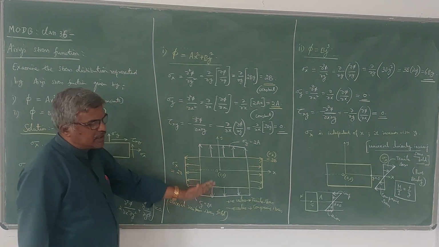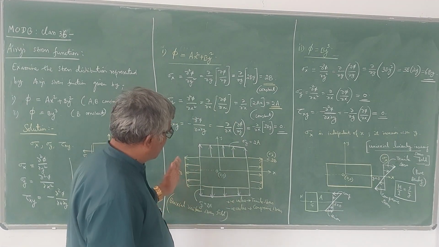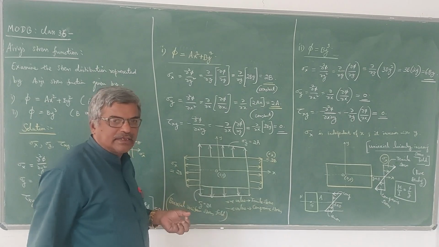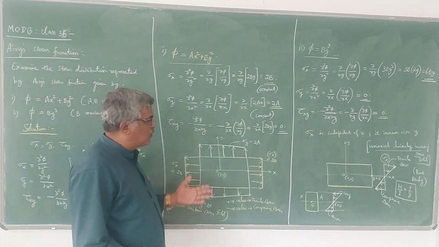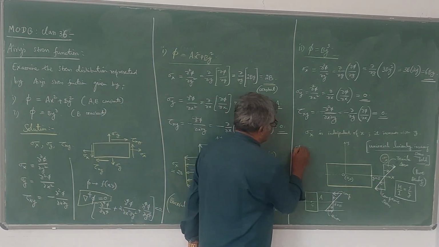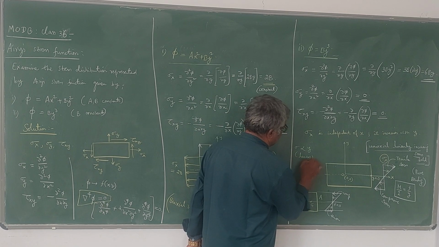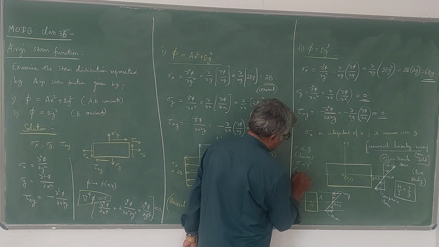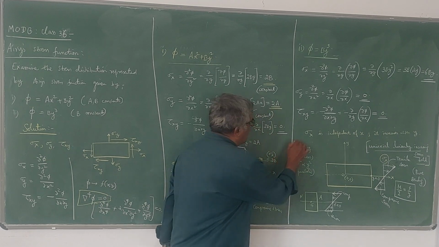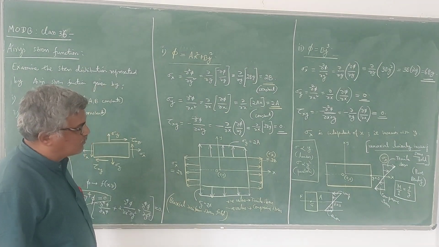Then you can plot the stress distribution by getting the partial derivatives and giving suitable values for x and y. If the stress component is directly proportional to y, then there will be a linear variation. If the stress component is proportional to y square, then it is a parabolic variation. Like that, we plot the stress components, and then we can get the stress distribution diagram for the material.